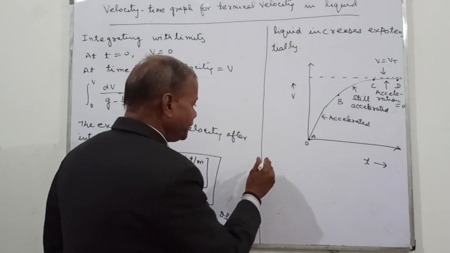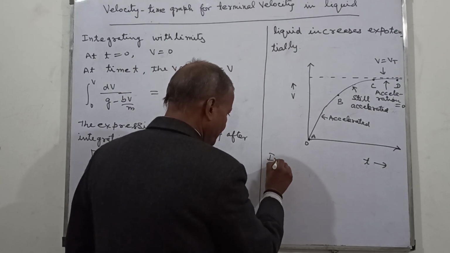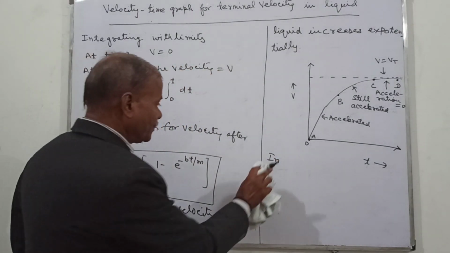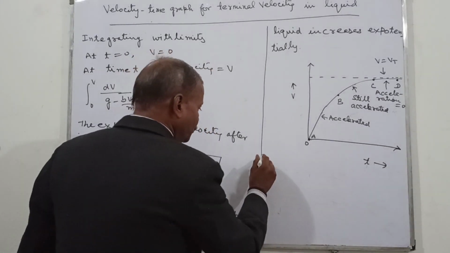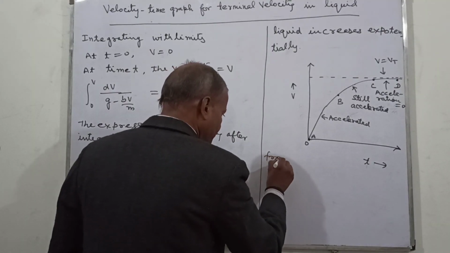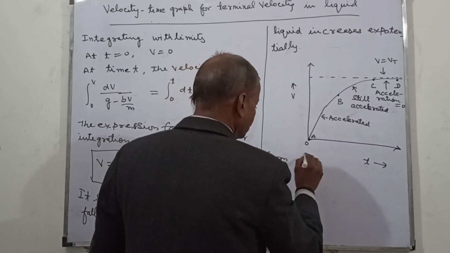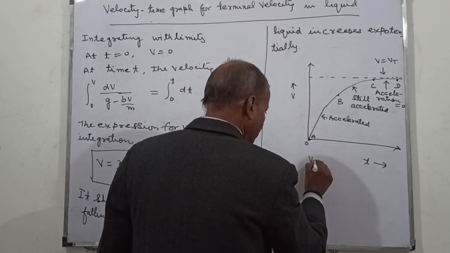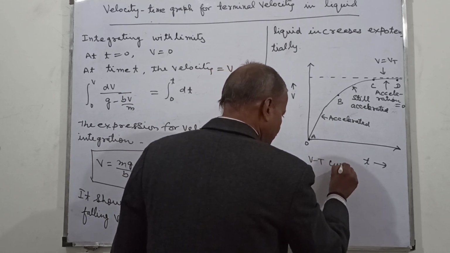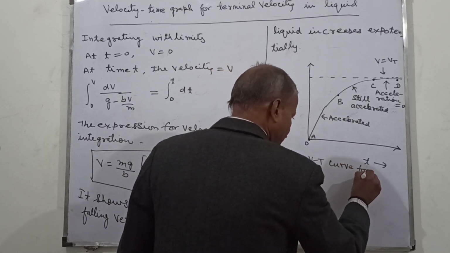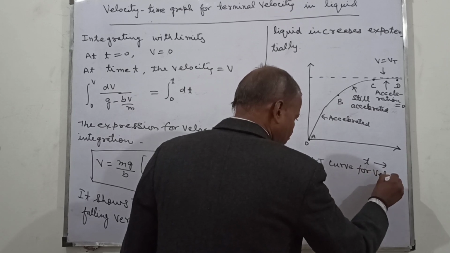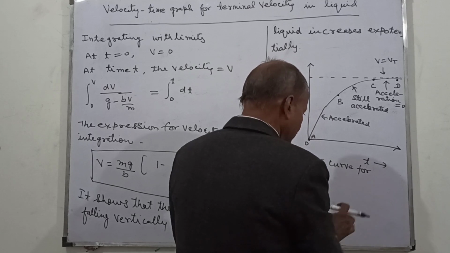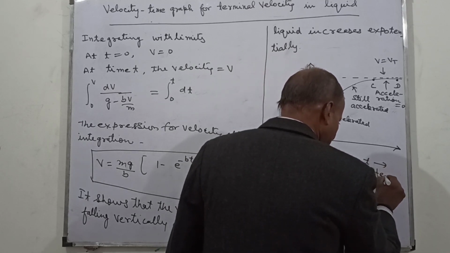So in portion AB, this is the v_t curve for terminal velocity.